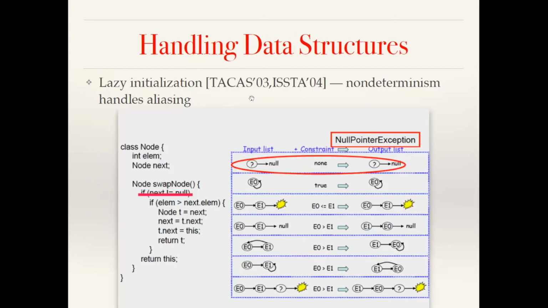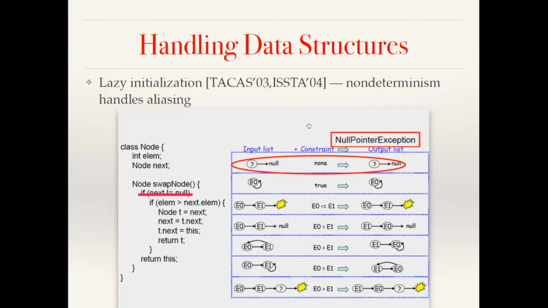I will start first by highlighting one of the initial innovations of this work, which is handling data structures. We had a technique called lazy initialization, presented at TACAS in 2003.